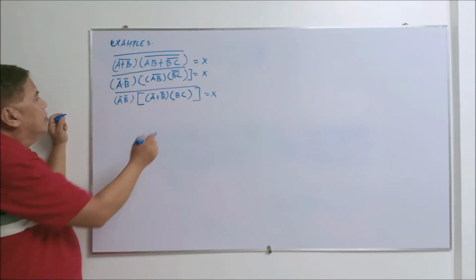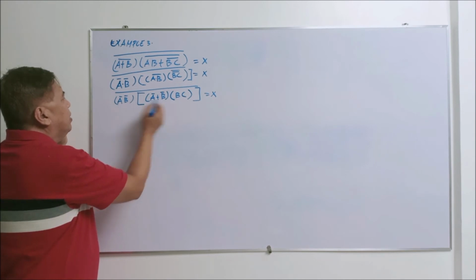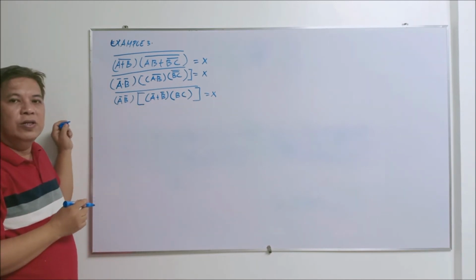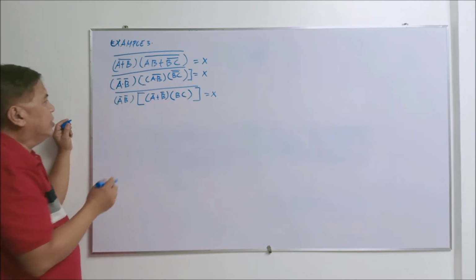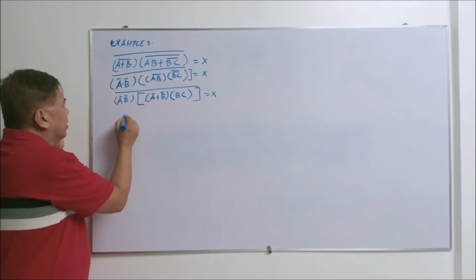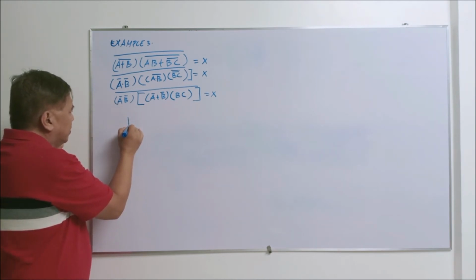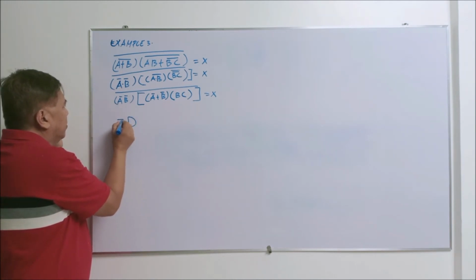Okay? So this one here can now be represented in your logical circuit. You have an AND gate, A bar, B bar.